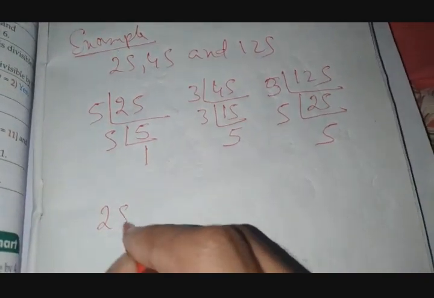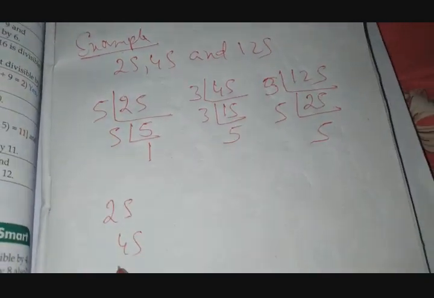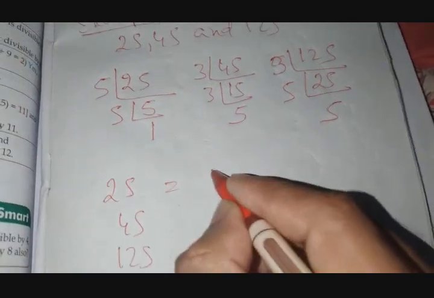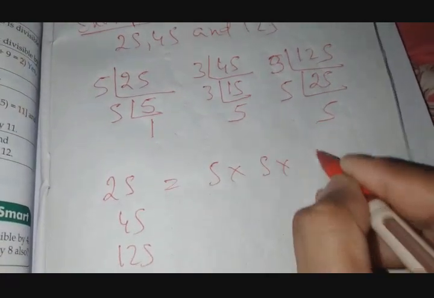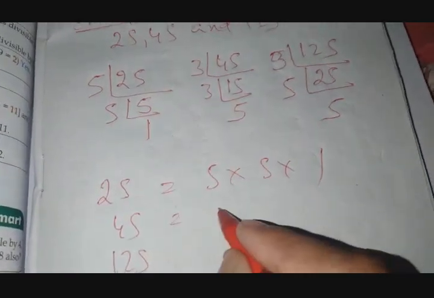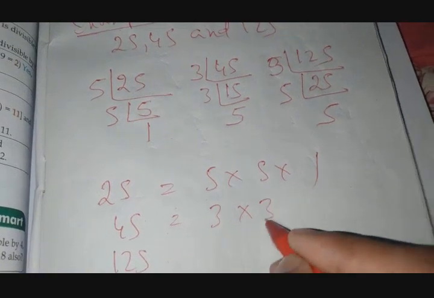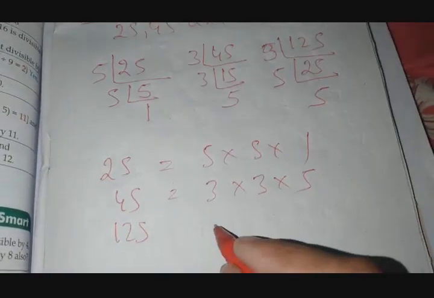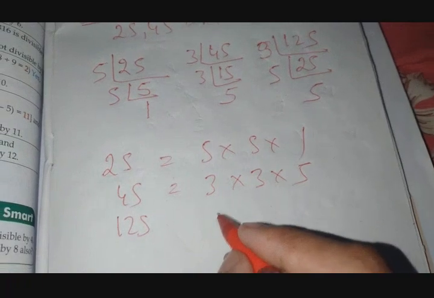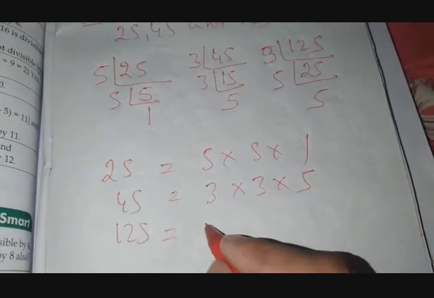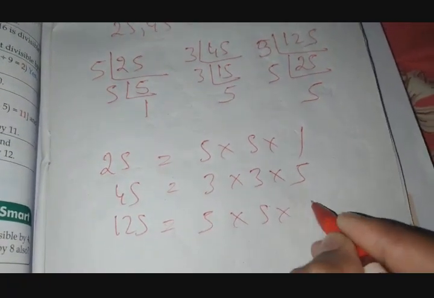Now we arrange them. For 25 we write 5 into 5 into 1. For 45 we write 3 into 3 into 5, and for 125 we write 5 into 5 into 5.